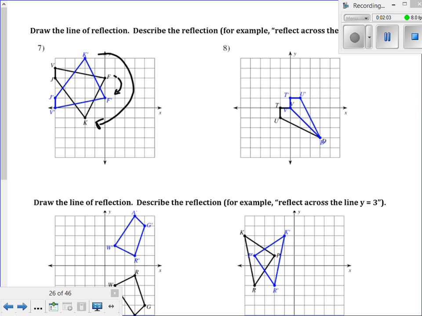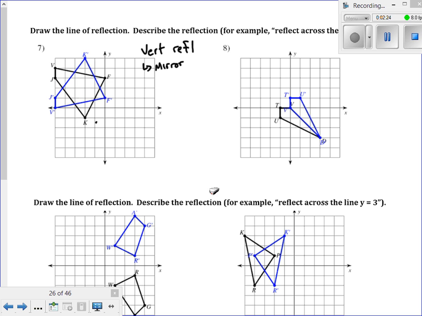So it looks like this thing is flipping. Right? We have a vertical reflection. Well, if it's flipped up and down, that means that the mirror should be kind of like the x-axis, except it's not flipping over the line down here. It's flipping over a line that's been shifted up.